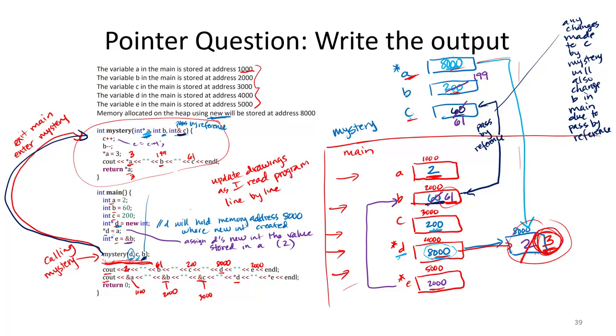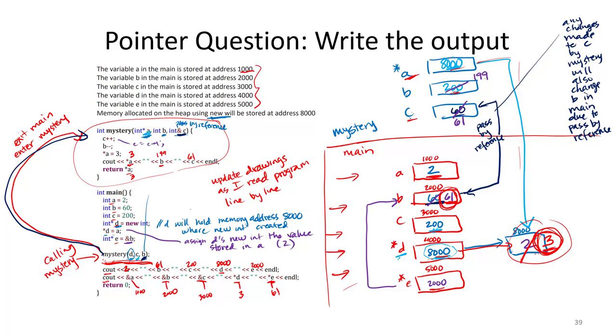D is pointing at the number 3. And our pointer E, asterisk E, means to return the value that E points at. E is pointing at our variable B, which holds the number 61. So asterisk E will output 61 to the screen.